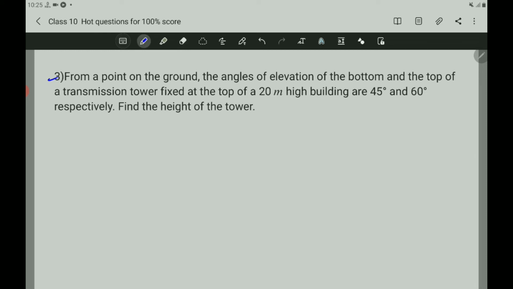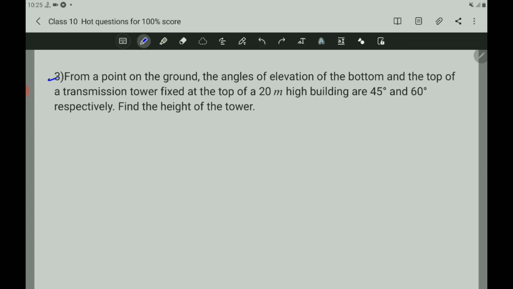Children, here you have a sketch. Here the transmission tower is fixed at the top of a 20-meter high building. So let us have this sketch here.